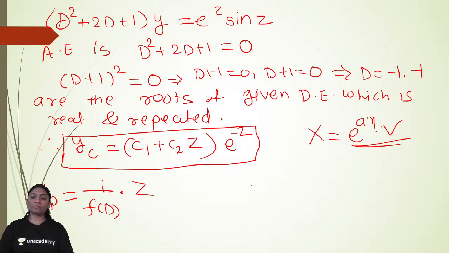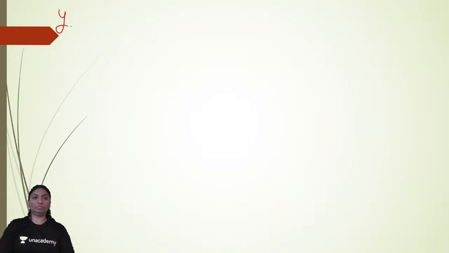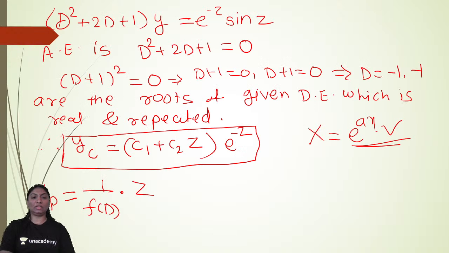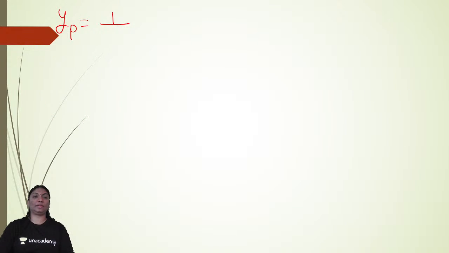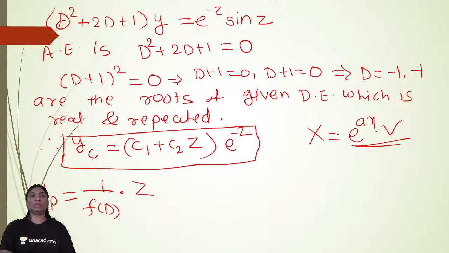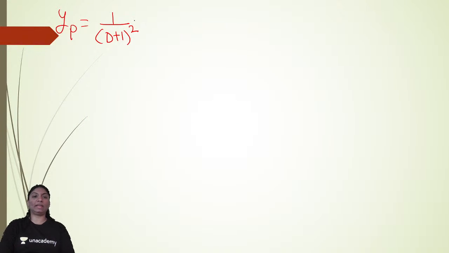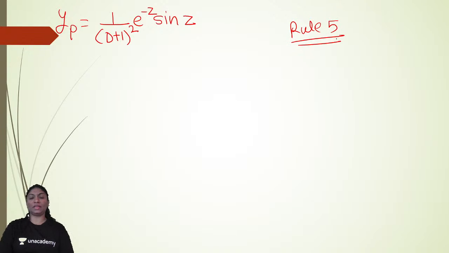So yp is equal to 1 upon f of d, and 1 upon f of d is d plus 1 whole square, into z, where z is e raised to minus z into sin z. Now if you observe, which rule can we apply here? Rule 5, that is the e raised to ax into v rule.